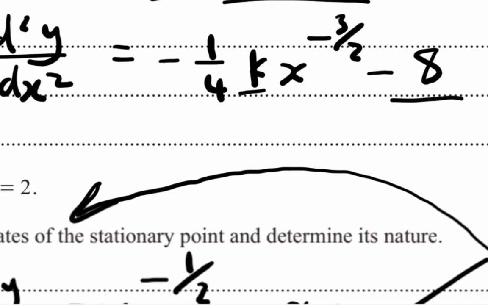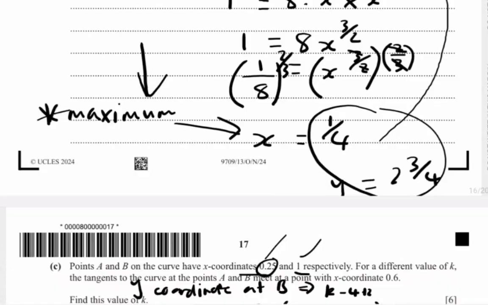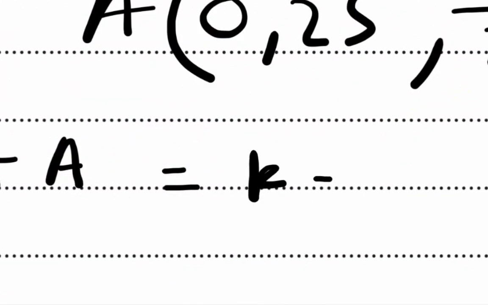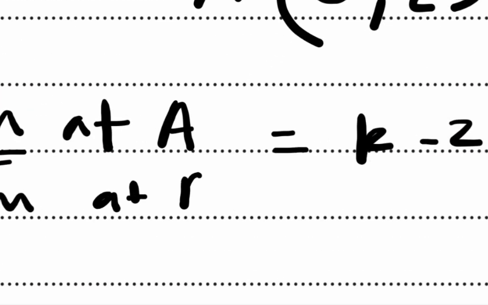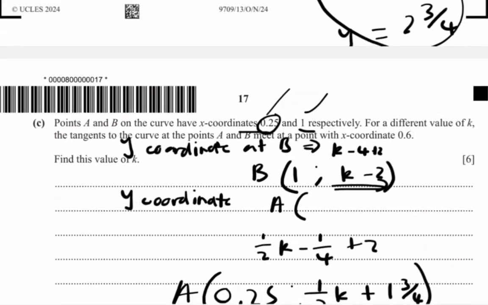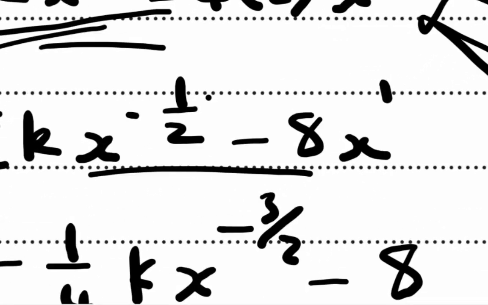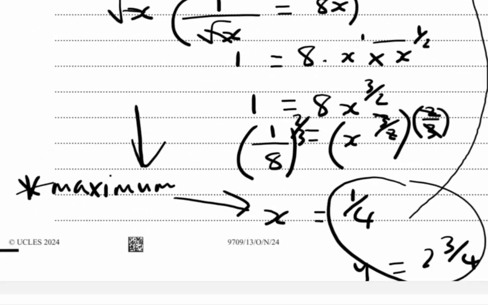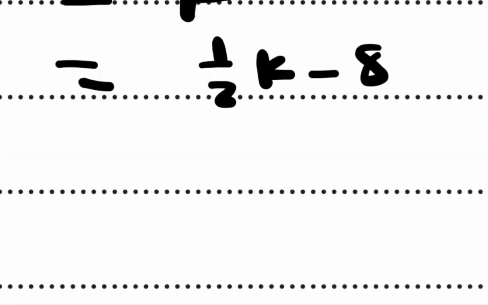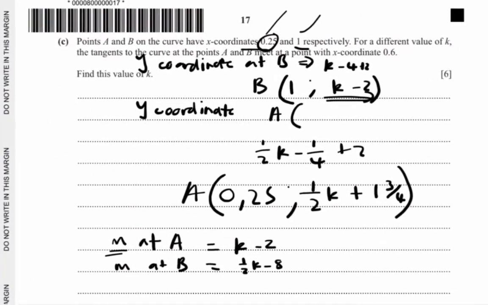So it's k minus 8 times 0.25, that's minus 2. This is the gradient. And m at B, we are substituting x equals to 1 now. So that's 1 here and 1. So half k minus 8, right?